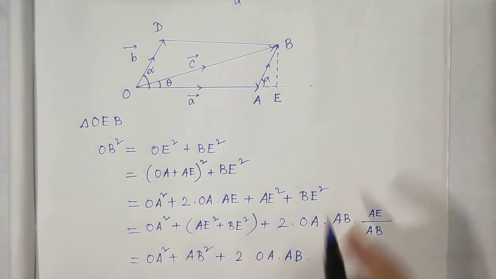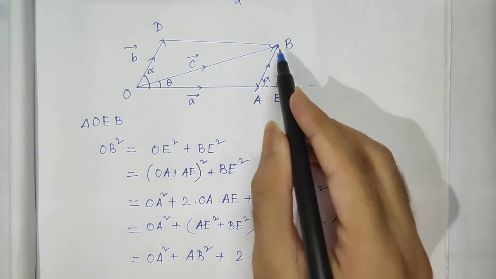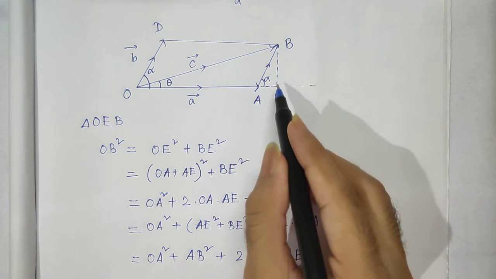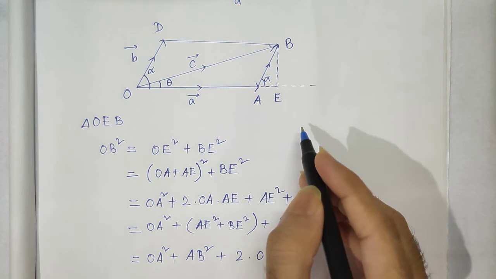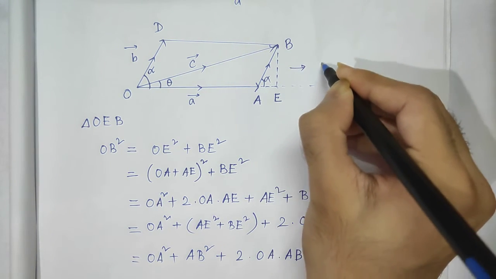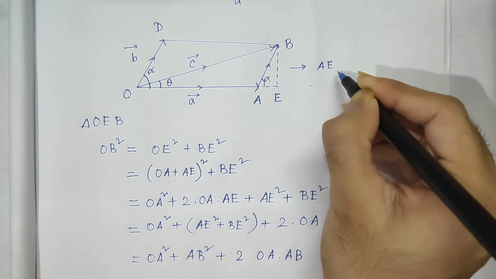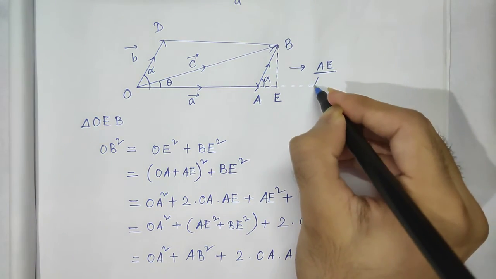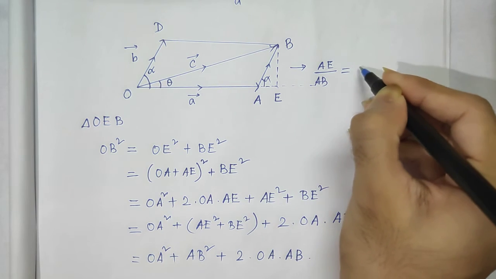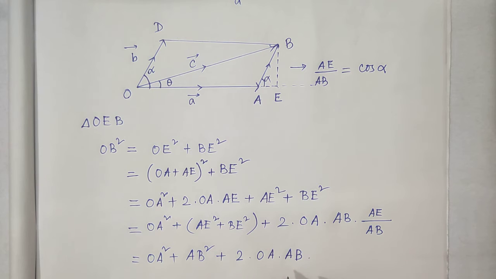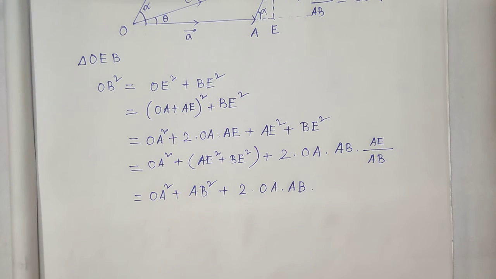For the triangle AEB, AE divided by AB will be cos alpha. So here we can write cos alpha.